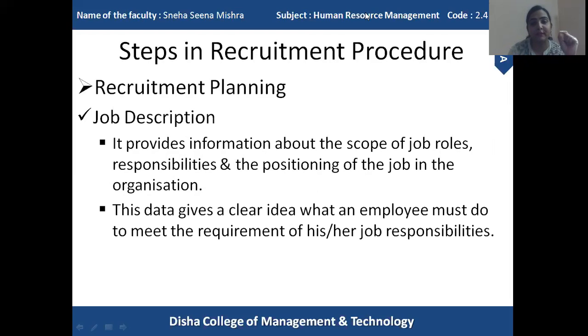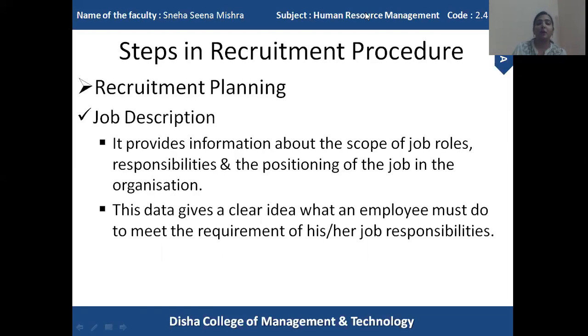Whether it is a part of a top level job, middle level job or a lower level job. What is the contribution of the job towards the organization? That is the role. What kind of role does a job play within the organization? So that needs to be properly determined. And after that only we can find out which kind of person will be suitable for that.